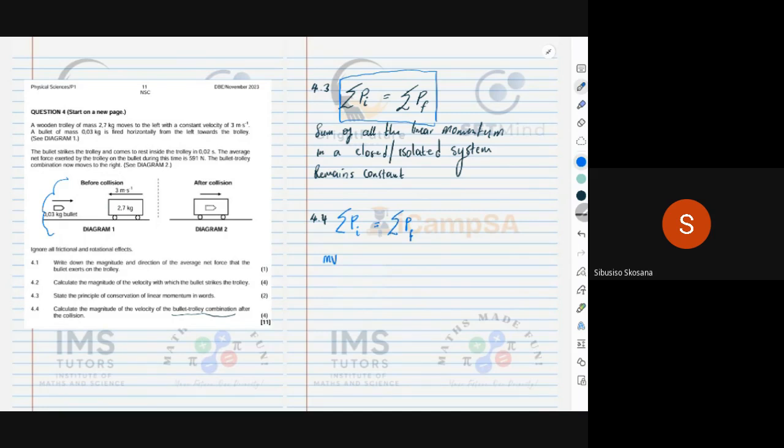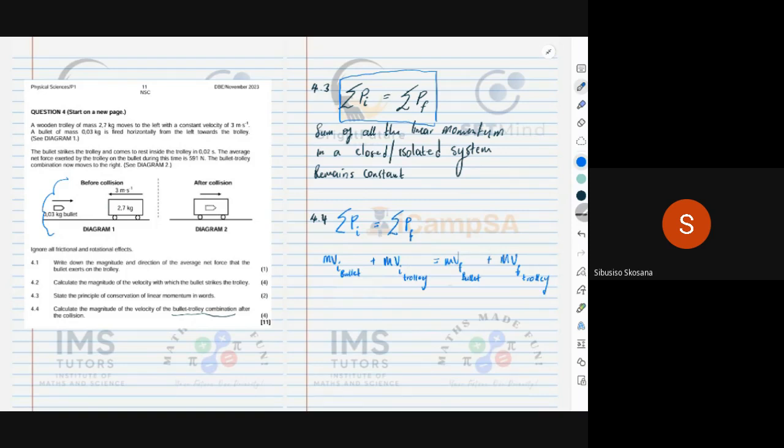So here, you can say this is m v i bullet, plus m v i trolley, which should be equal to m v f bullet plus m v f trolley.